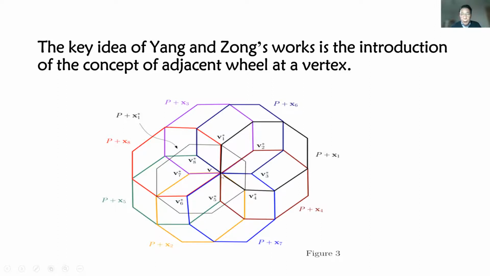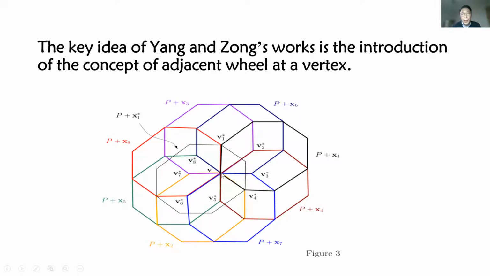If they are joined together properly and form a k-fold tiling, this means at every point there has to be a second one, P plus X2, this yellow one, that joins properly here and turns around with the first one. And then we have to get a third one, like this purple one here, that joins this edge very nicely.